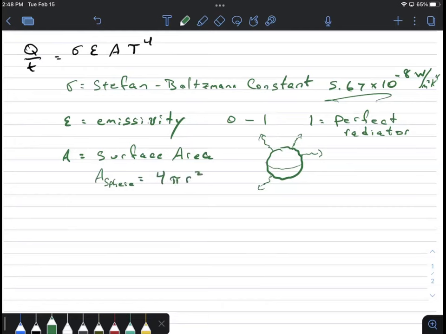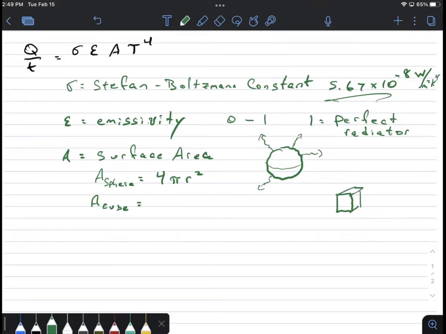Okay. Let's say you want the surface area of a cube. I have a metal box, and a metal box I'm going to heat up, and that's going to radiate energy. Well, what's the surface area of a metal box? If you think about what a cube looks like, I'm going to try to draw something that kind of looks like it, but I'm not perfect.